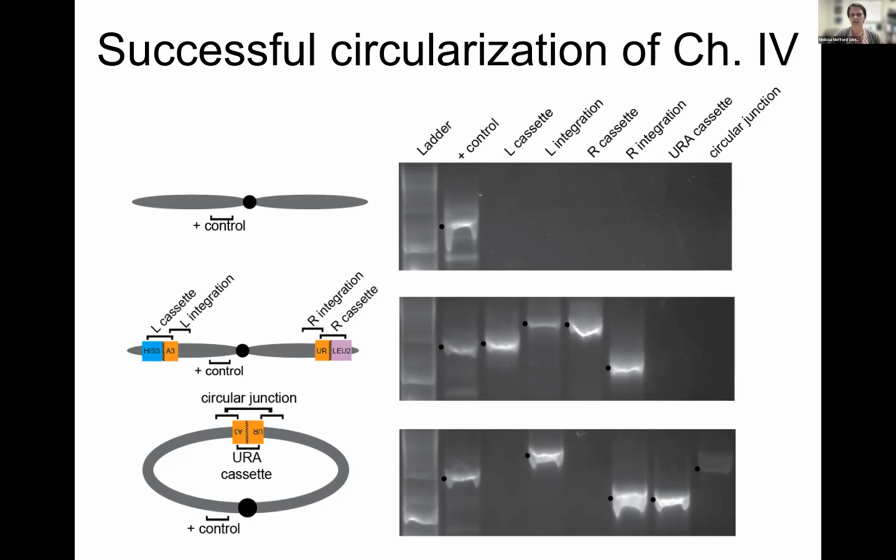The cartoons on the left use brackets to indicate the location of the various PCR primers. And for the sake of time, I won't walk you through every single lane and band on this gel, but I'll draw your attention to the band in red on the bottom right. So in our circularized chromosome, we have primers that span the circular junction that should only give us a product if circularization of the chromosome has occurred. And you see that we do see a band of the expected size that's only present in our circular strain.